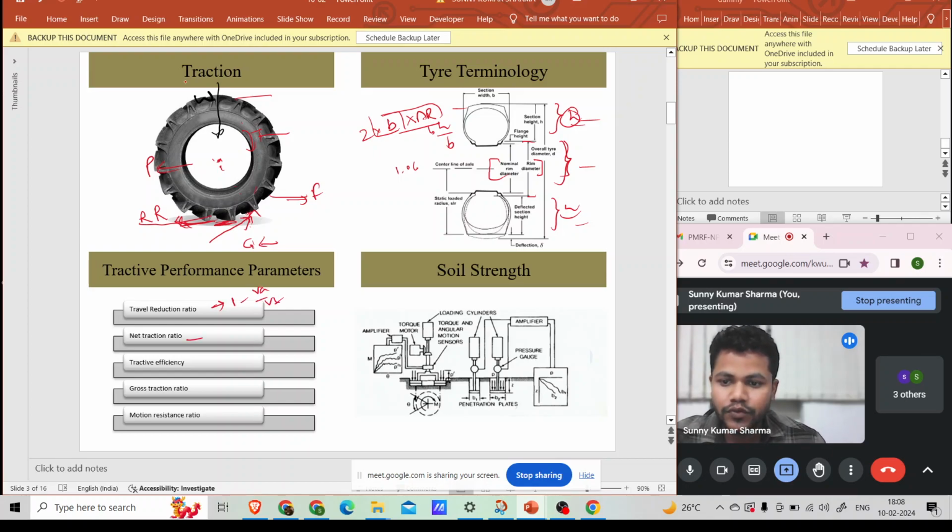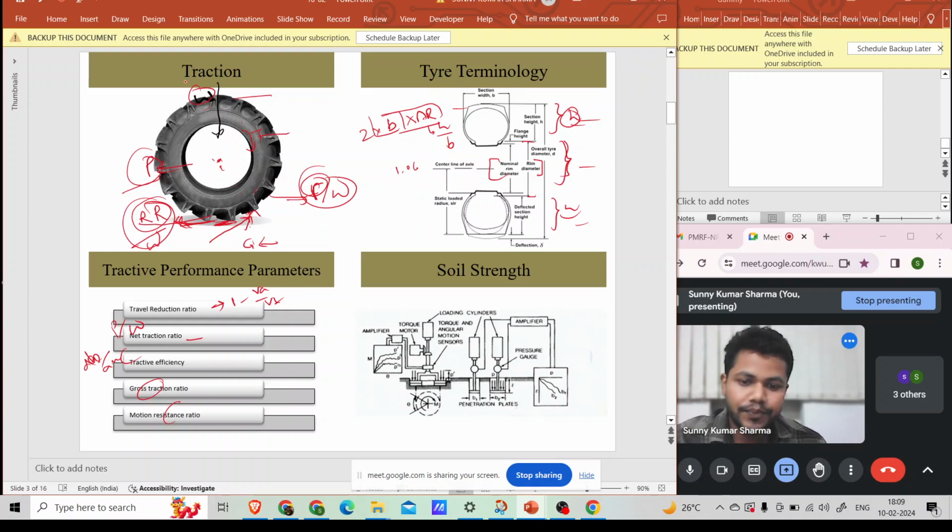Net traction ratio is pull divided by the vertical weight coming on this wheel, means pull by weight. Tractive efficiency is nothing but drawbar power by axle power. Gross traction ratio is the total thrust generated by the wheel divided by weight coming on it. And motion resistance ratio is the total resistance divided by dynamic weight coming on this wheel.